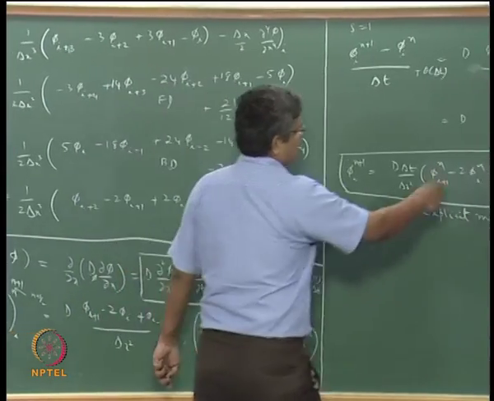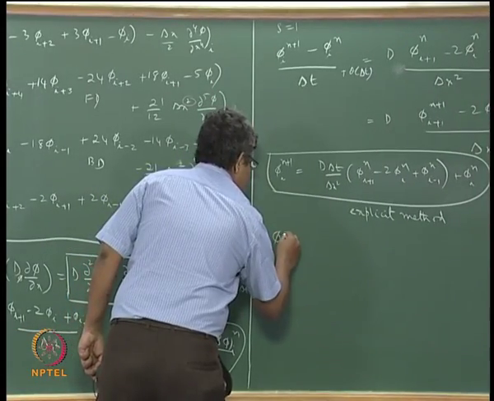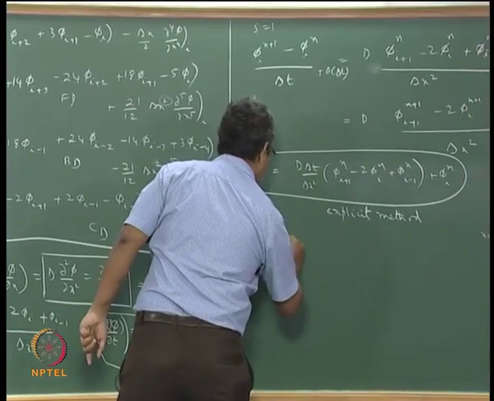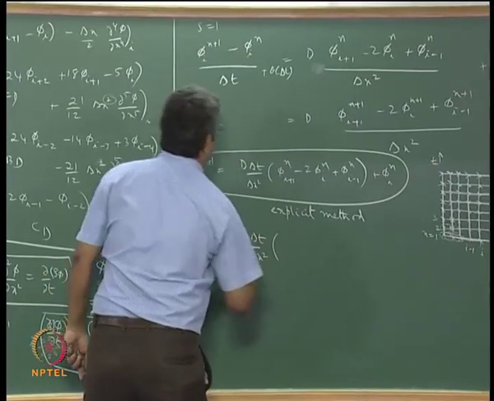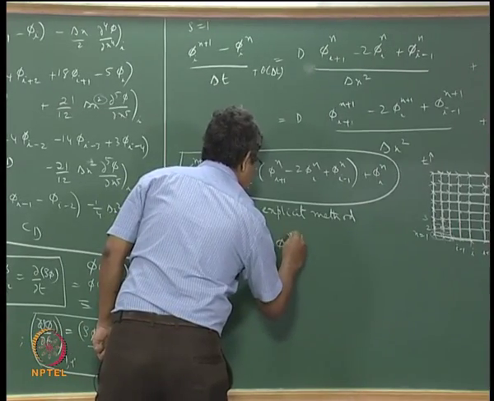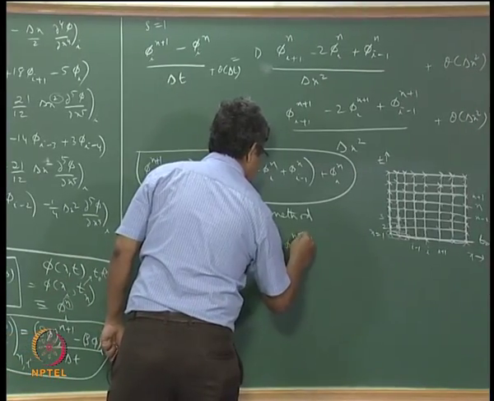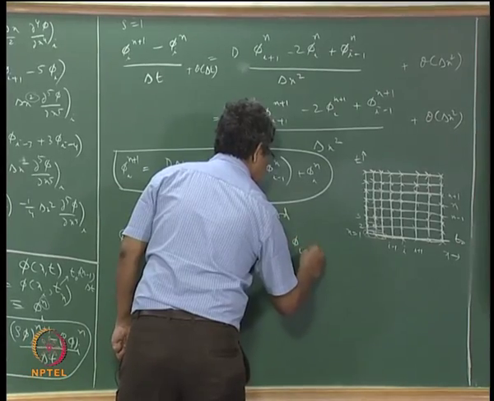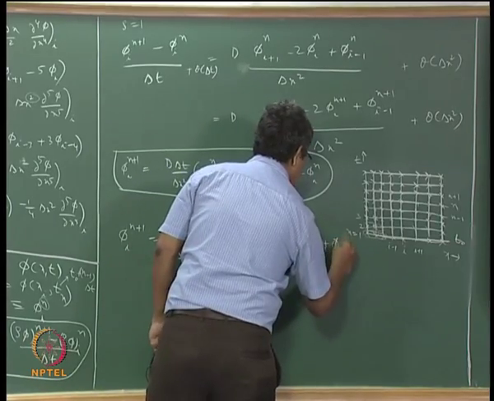Now if you come to the second method here, we can write this as phi I n plus 1. We do the same thing, equal to d times delta t by delta x square times phi I plus 1 n plus 1 minus 2 phi I n plus 1 plus phi I minus 1 n plus 1 plus phi I n.